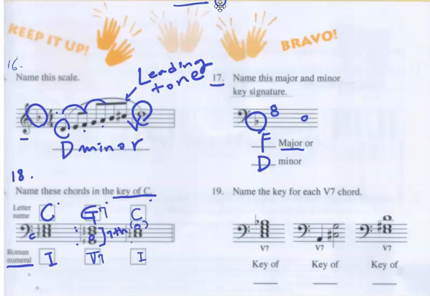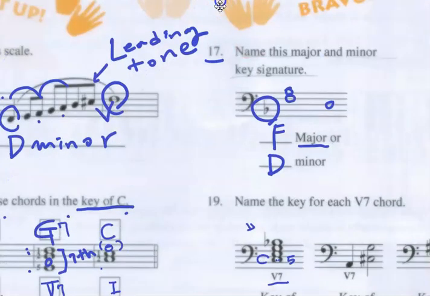Name the key for each V7 chord. So this time, the first chord has 4 notes. Let me play this on the keyboard. Okay, this one looks like a root position, right? And the bottom note is C, G, B flat. If this is V7 chord, then this C, the bottom note, must be the fifth note of a scale, right?